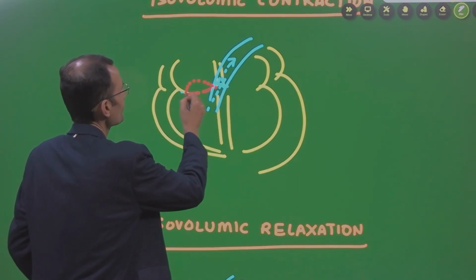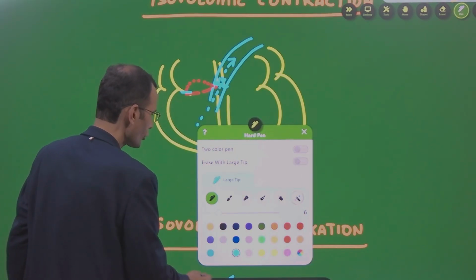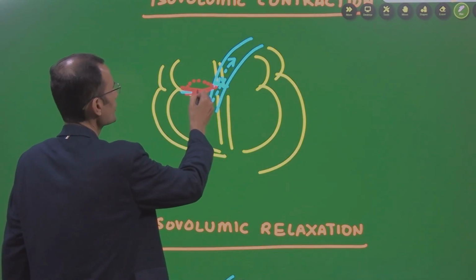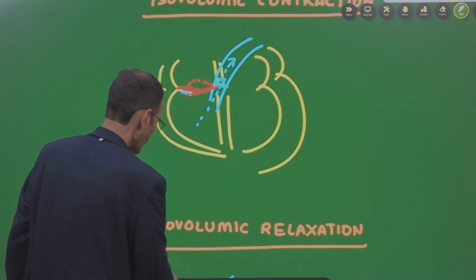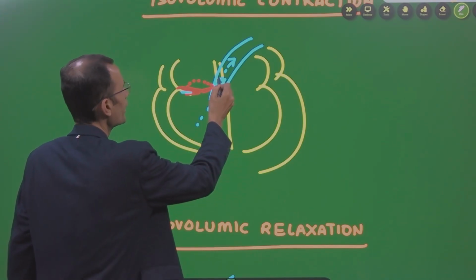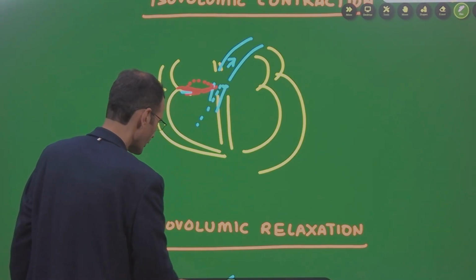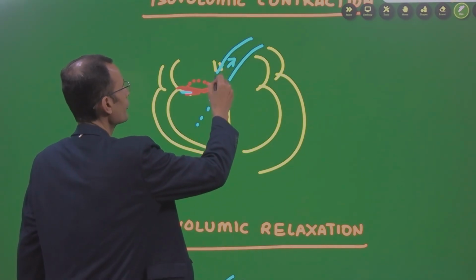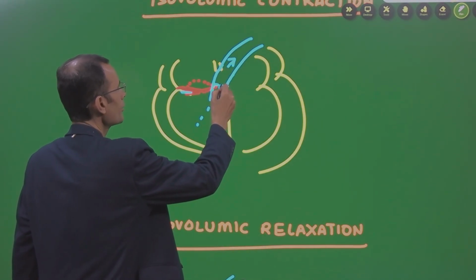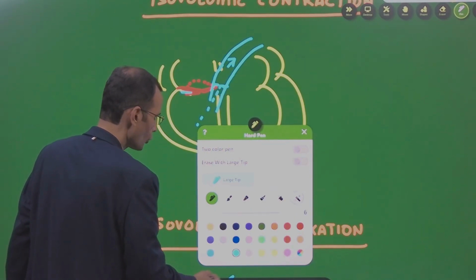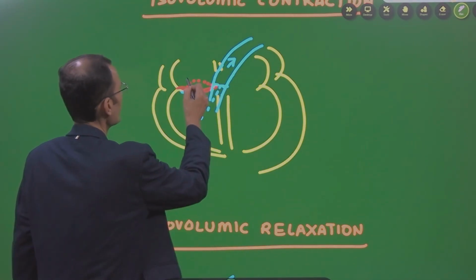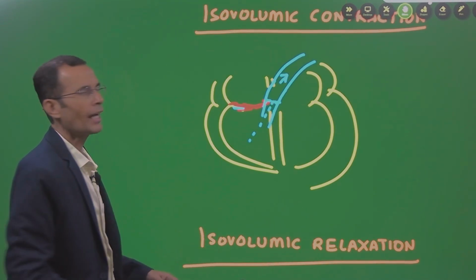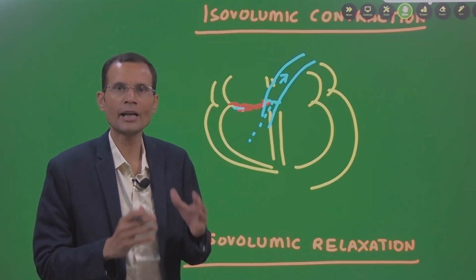That is, the tricuspid valve has got closed, but pulmonary valve has not yet opened in front of the right ventricle. Right ventricle is just contracting against these two closed valves. Let's repeat it again. All right, here. Isovolumic contraction of the right ventricle.